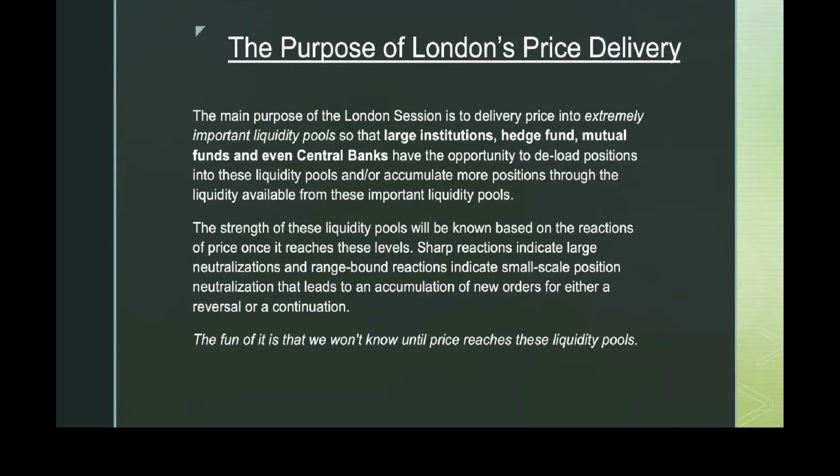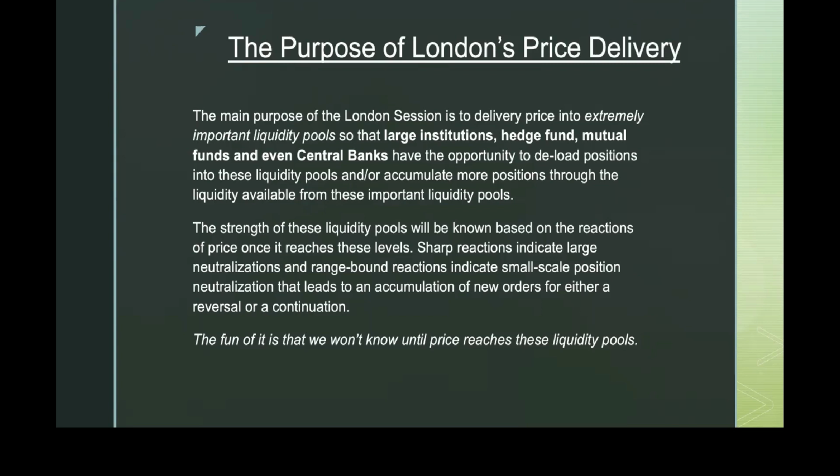It can also be an inefficiency in price where limit orders are placed. The strength of these liquidity pools will be known based on the reactions of price once it reaches these levels, meaning sharp reactions indicate large neutralizations.